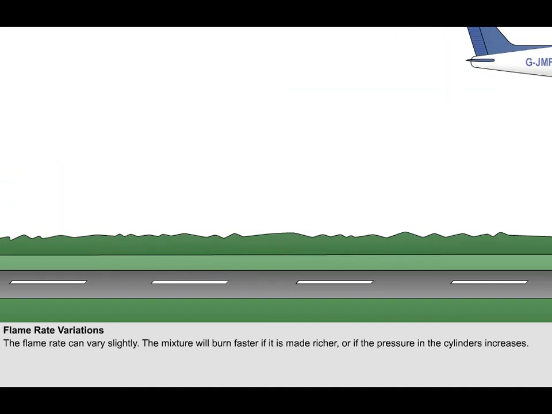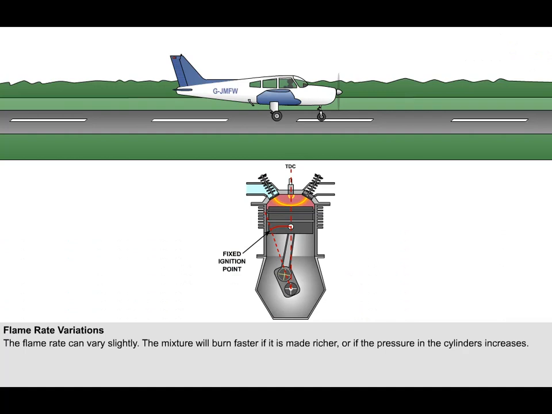This at least partly offsets the requirement to advance the ignition timing at high engine speed. Because single-engine light aircraft have a greater need for reliability than for efficiency, the ignition timing is usually fixed at an intermediate position and not adjusted.